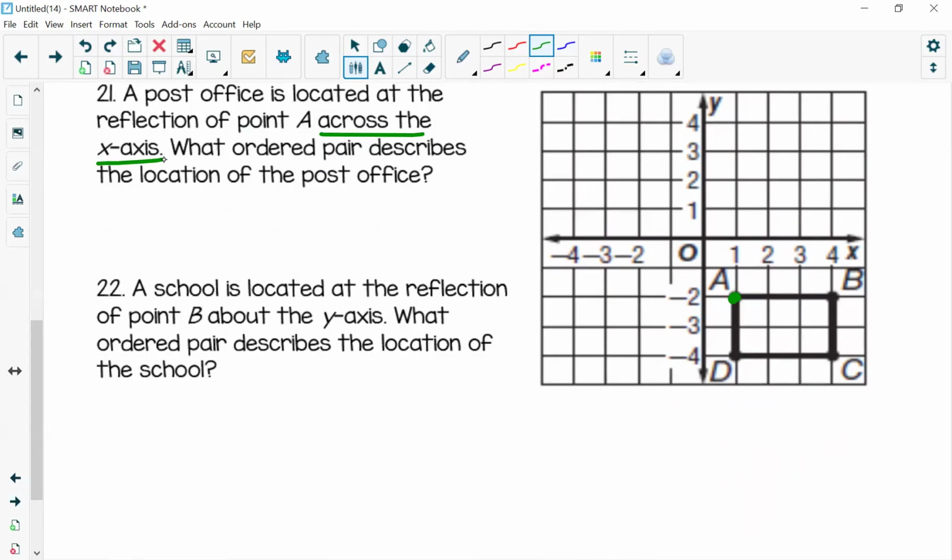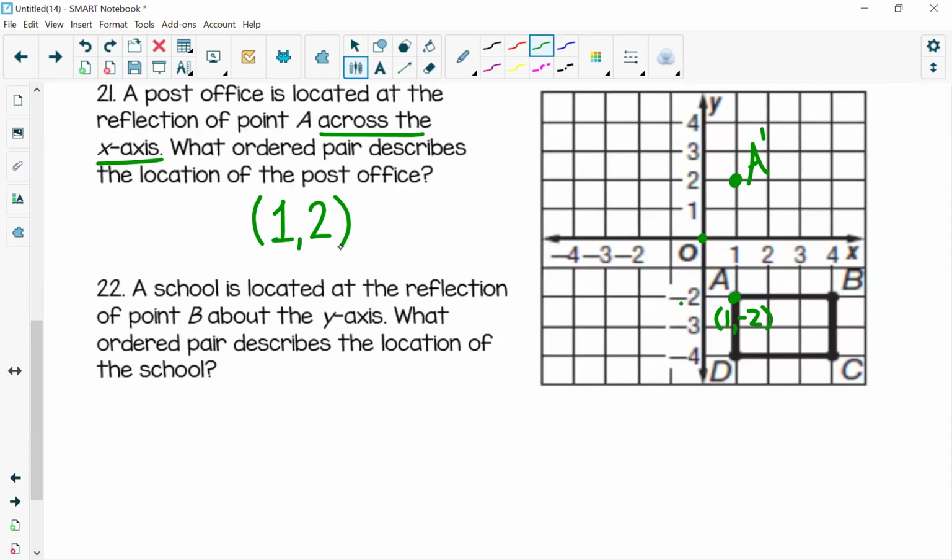So here, if I look at this, this is at positive 1, negative 2. So I'm going to cross the X, which means I'm going to be at a positive 1 because my numbers stay the same. I'm going to be at a positive, because I'll start there, positive 1, positive 2. So there we go. There would be my A. Okay. Positive 1, positive 2. That's my ordered pair.